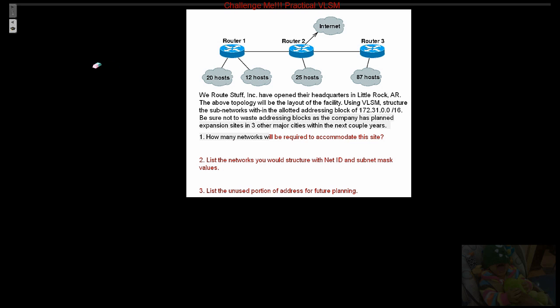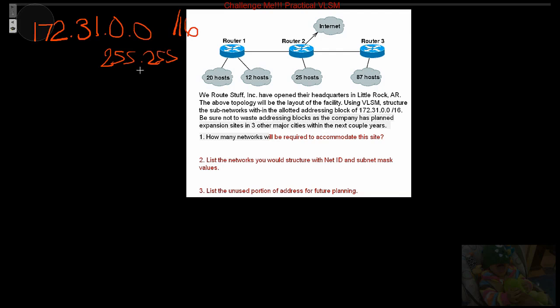Alright, here we go. Here's what we're looking at. Initially, we have a network range of 172.31.0.0. It's a /16, meaning we run from 172.31.0.0 to 172.31.255.255, 65,536 addresses.